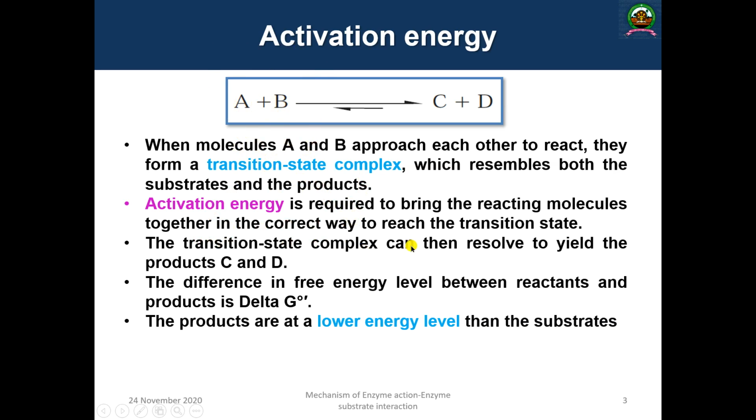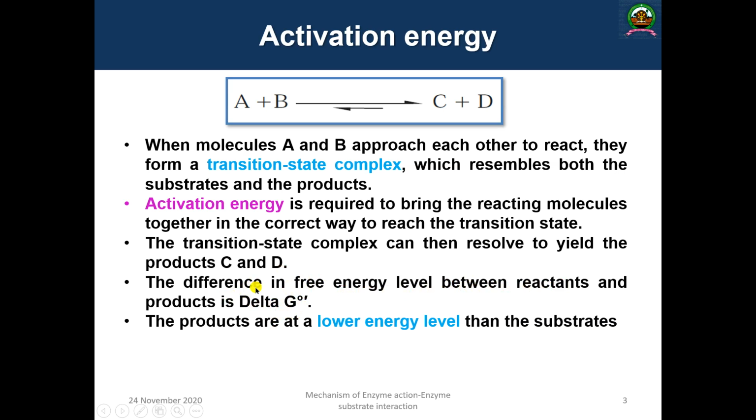The transition state complex can then resolve to yield the products C and D in this reaction. Once the transition complex is produced, it immediately produces C and D. Reaching the transition state is a very slow process, but once it reaches the transition complex, the reaction is very fast and it converts into product.